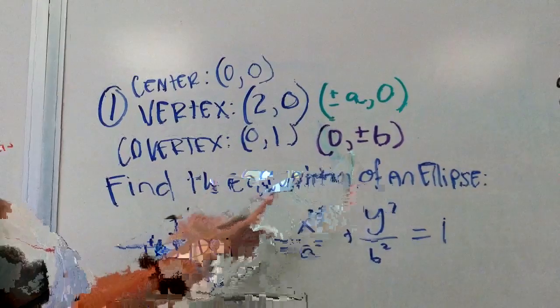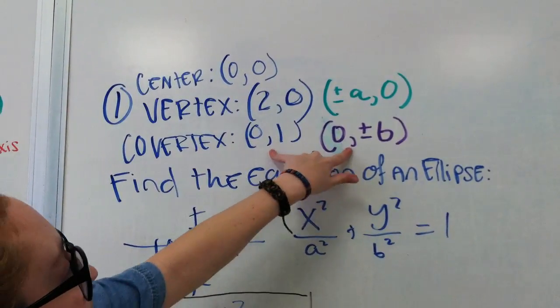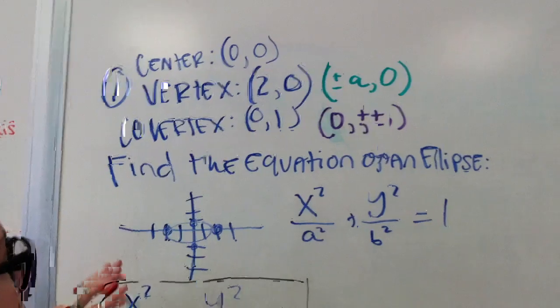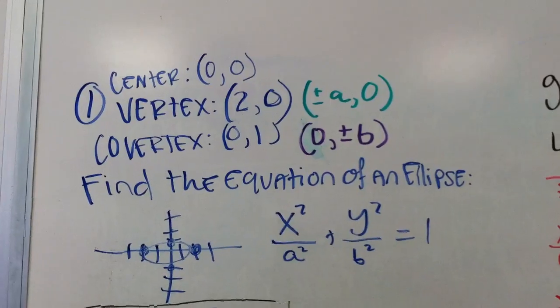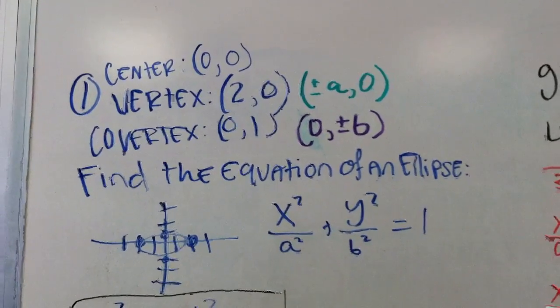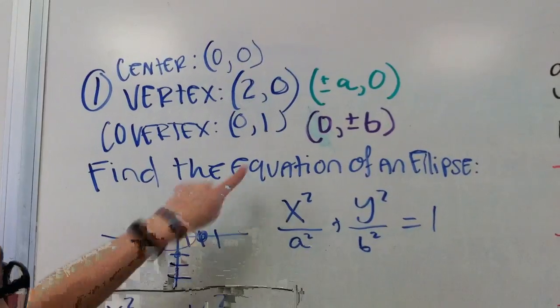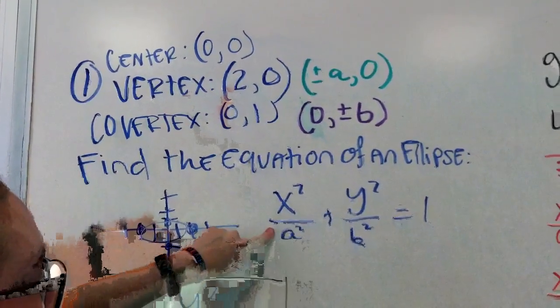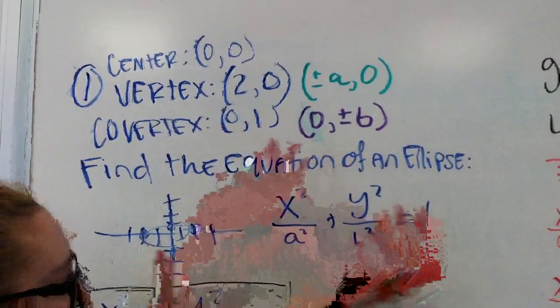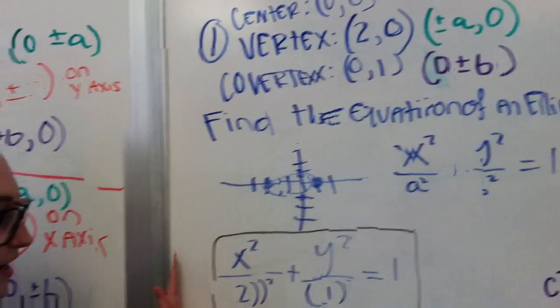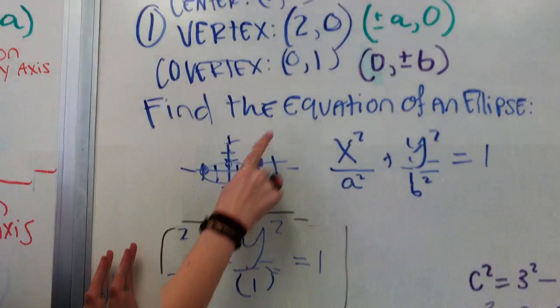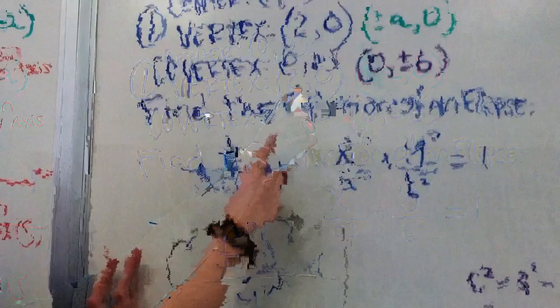Looking back at your standard formulas, your covertices match up with how it should be for a horizontal ellipse. So now you plug these numbers into your standard equation. And this is your final equation because a is 2 and b is 1.